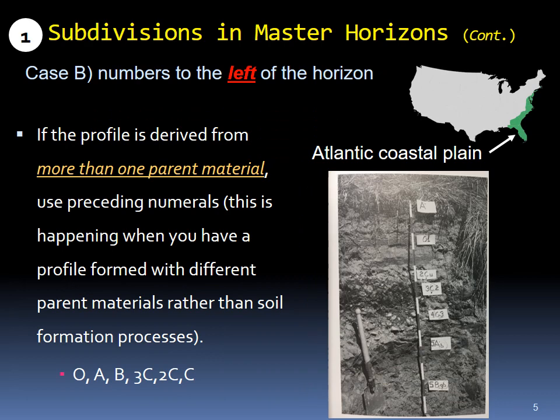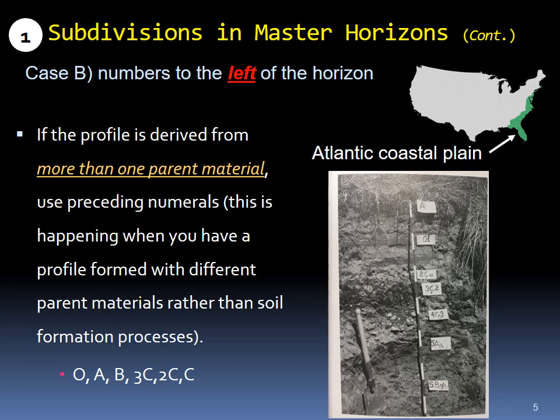However, the numbers that exist to the left of the horizon can tell us a lot of interesting stories about the formation and the history of that particular soil profile. We usually put the numbers to the left to indicate that that particular soil horizon is formed from a different parent material rather than from the soil formation processes.